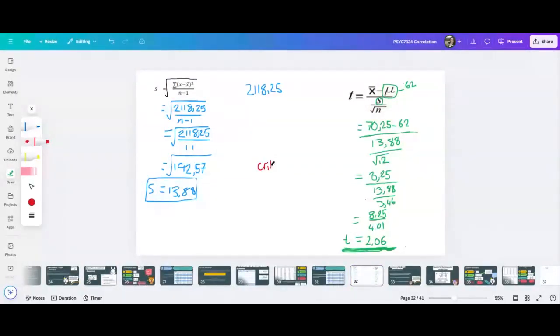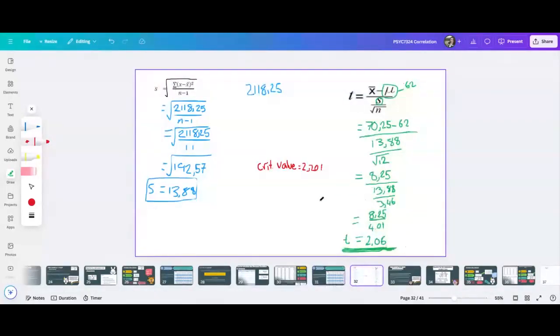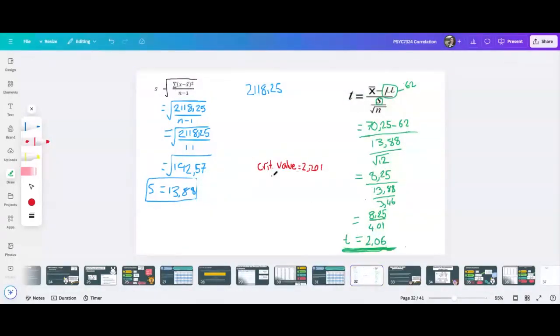Okay, so our critical value is, was it 201? I'm like a hamster with my memory these days. Yes, haha. Okay. All right, so as we can see, these values are close, but they are different.